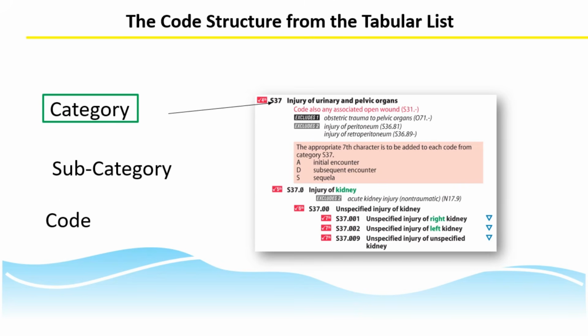Another thing that's significant about this boss, look below. You'll see red notations. These are instructional notes, aka guidelines. Look at your excludes 1, excludes 2 notes. These are guidelines, and we'll talk about them in our next presentation. And very briefly, this pink orangey looking color box, this is where you get your 7th character extenders. We'll talk about that later in this presentation.